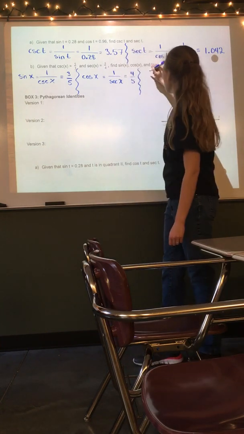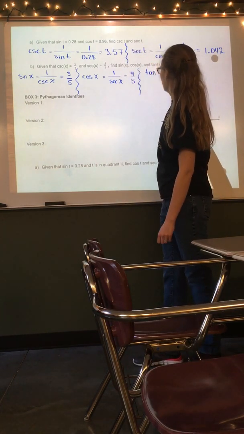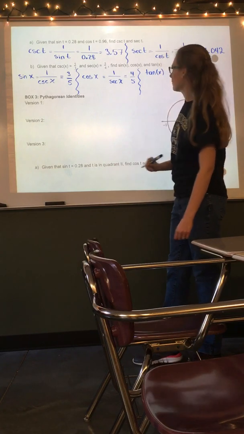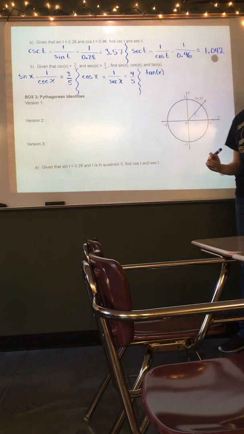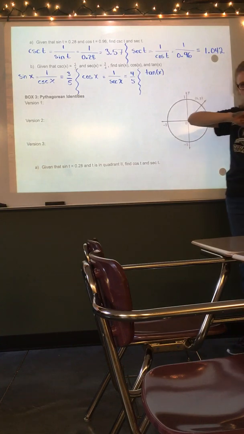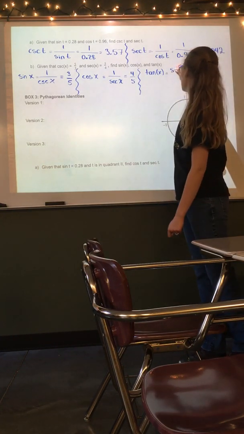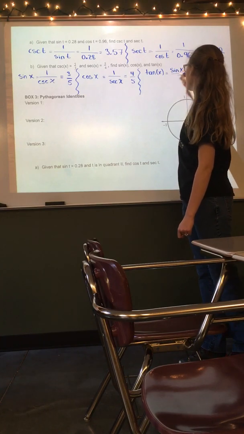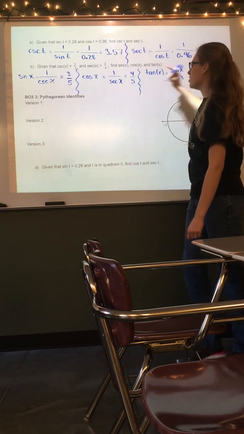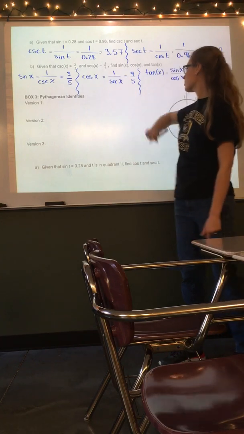Now what about tangent? Sine divided by cosine. So tangent of x is sine of x divided by cosine of x, and we just found both of those.